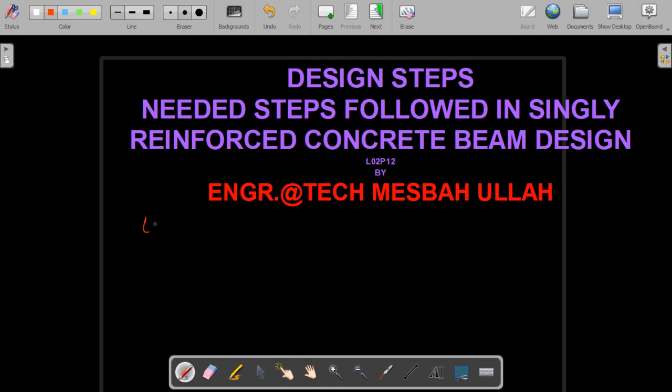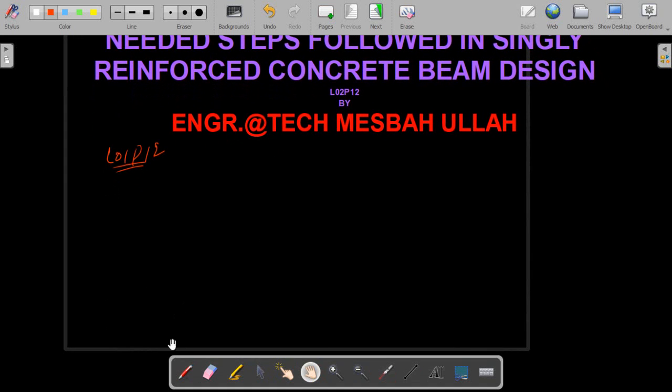Those steps show how to start a review problem and what we need in the review or analysis of a section. In this lecture we will discuss the required steps which will be followed in the design of a singly reinforced beam section. So let's start.